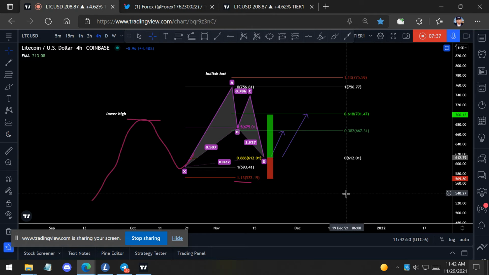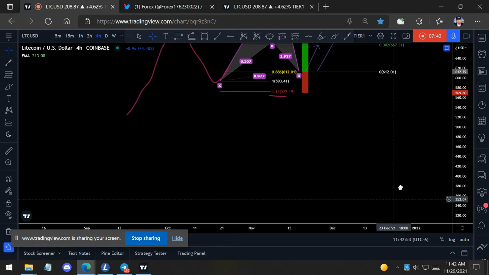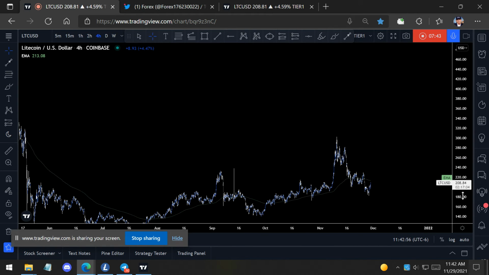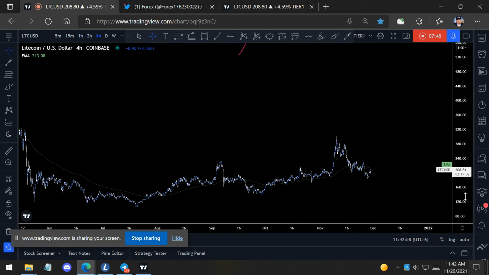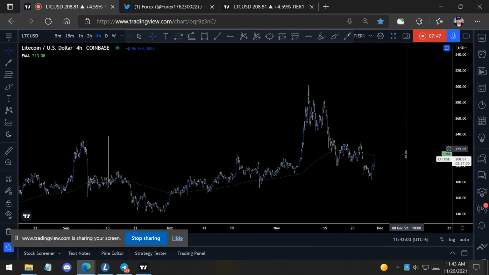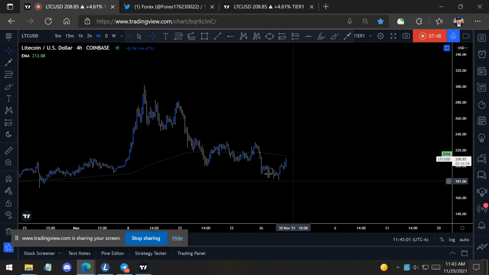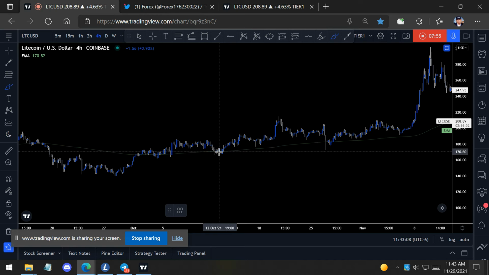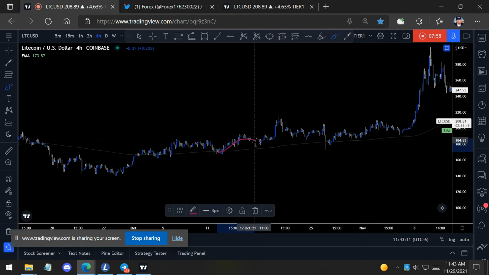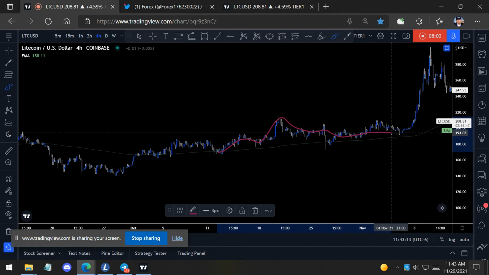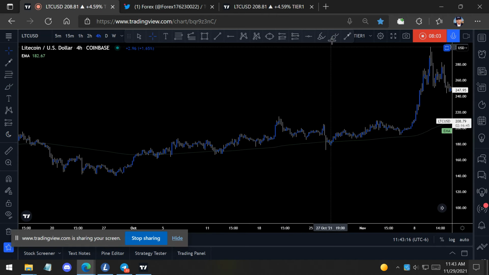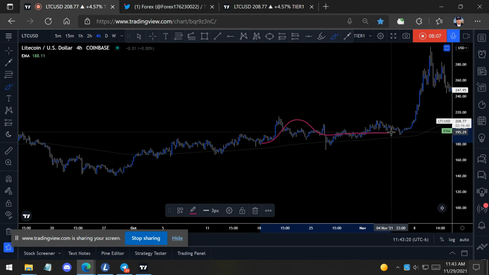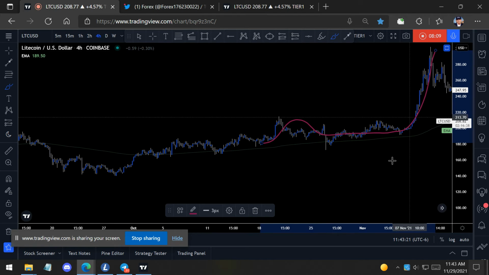So let's look for a bullish bat. I know there's one right here. So price is just flowing sideways, really, until we explode up here.